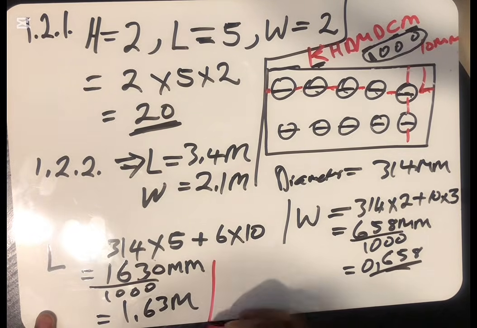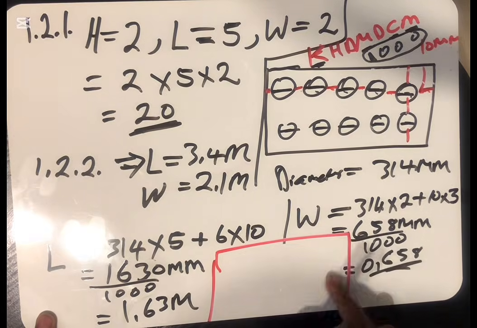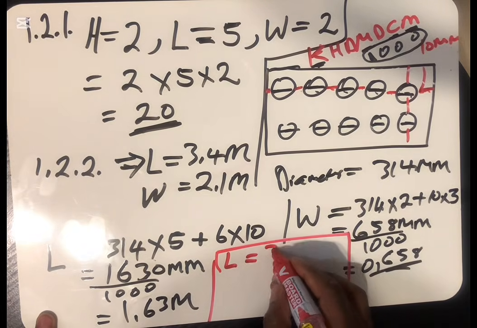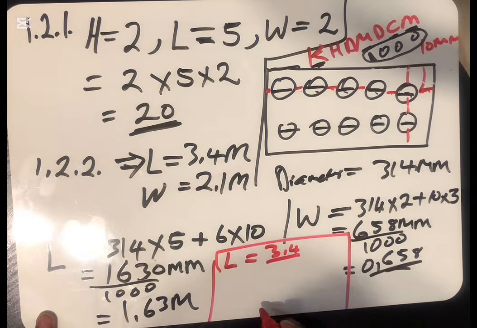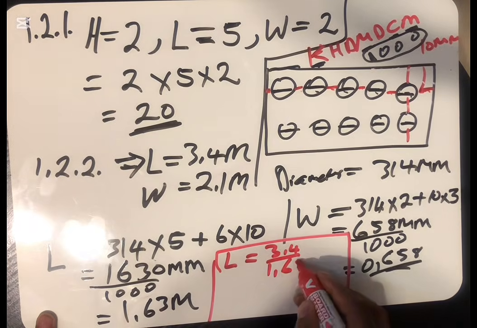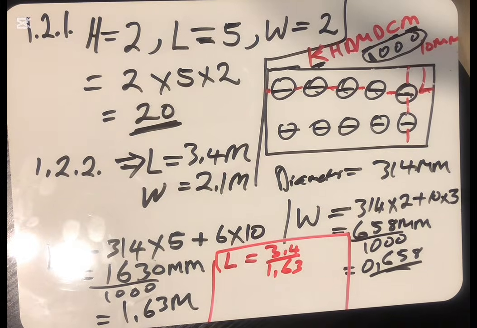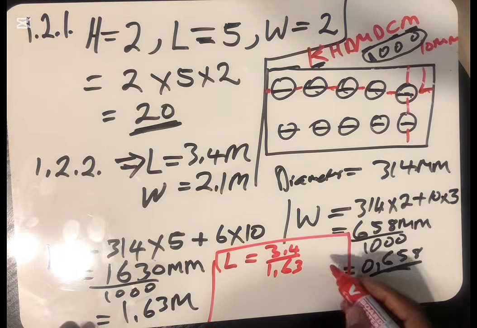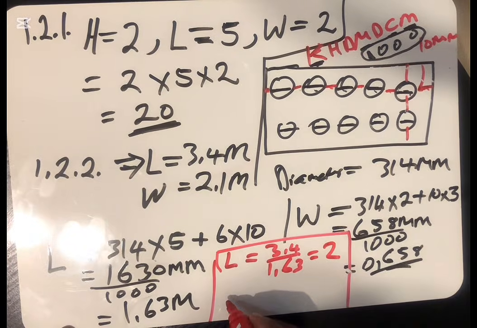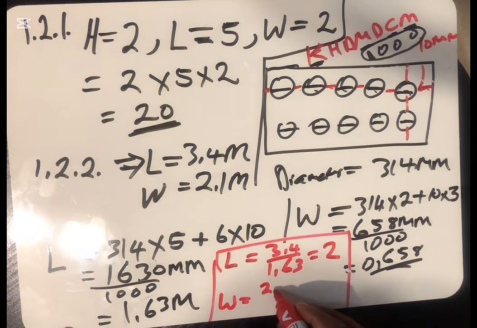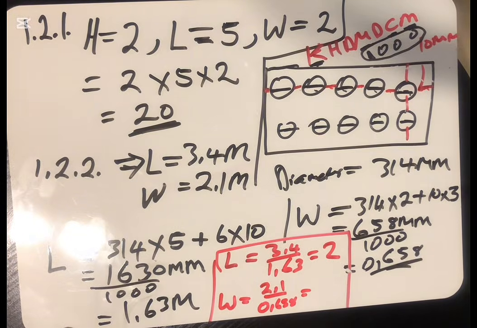For lengthwise, 3,4 divided by 1,63. We found that we have 2. For width, 2,1 divided by 0,658.